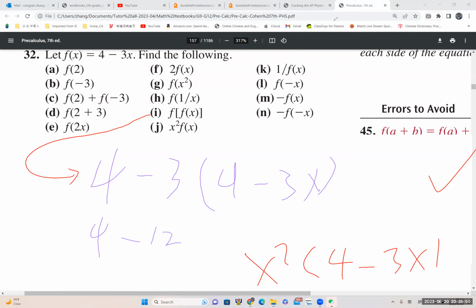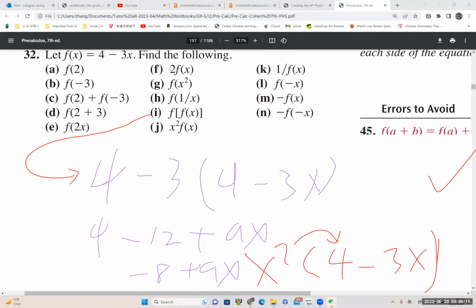Say what I write. You should have x squared distributed. You get 4x squared instead of just 4, right? 4x squared minus 3x cubed. Yeah, anyway. Now let's see what Ray has.